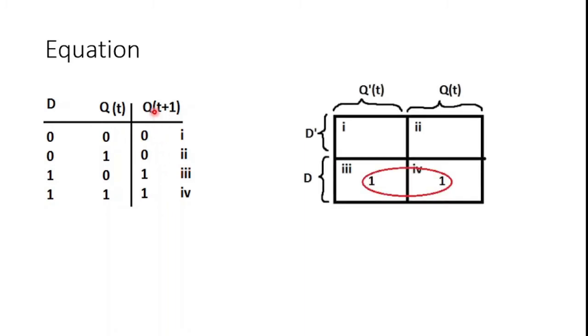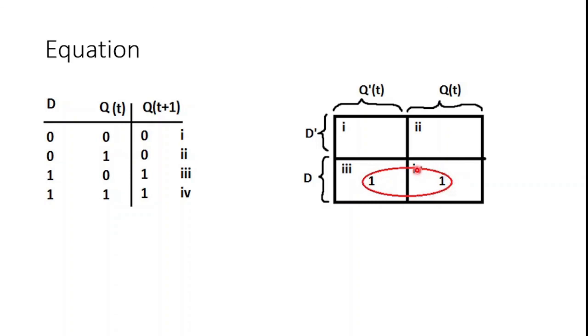Now note that for Q(t+1), we have to find where the ones are, and you have 1 in the third row and the fourth row. In the K-map we will be placing the ones in their respective places, and you already know how to use the K-map in order to solve the equation for any circuit.